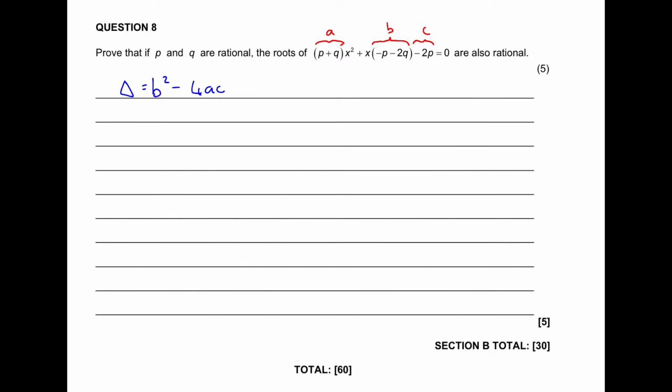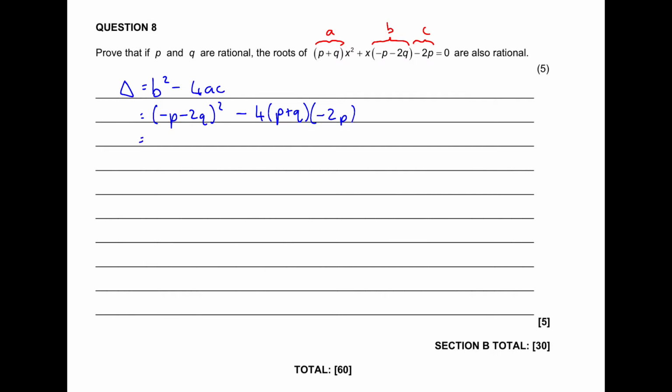Okay, so let's go. B squared, right? The b value is minus p minus 2q all squared, and then we're going to subtract 4 times the a value, which is p plus q, times the c value, which is minus 2p. All right, let's FOIL out.